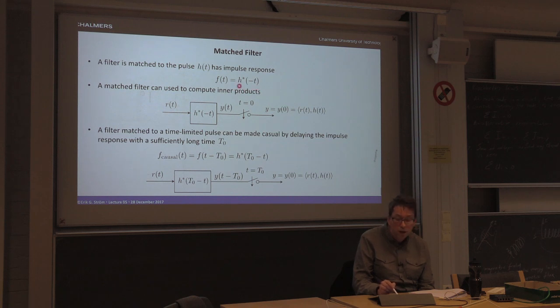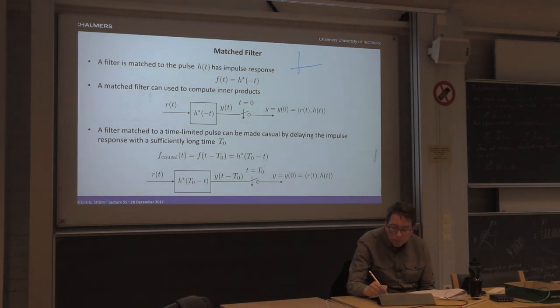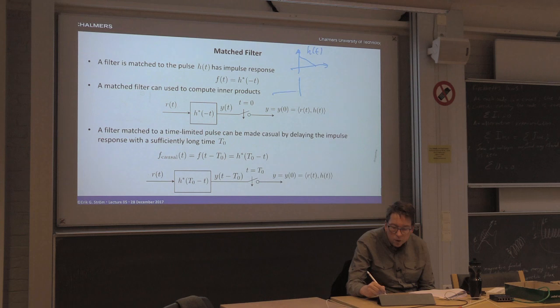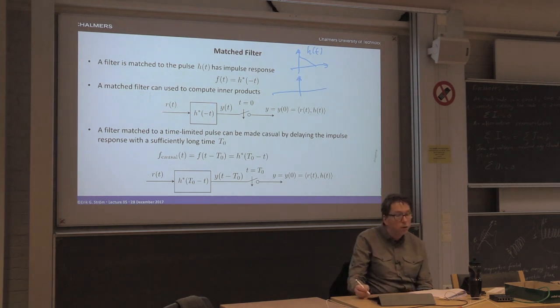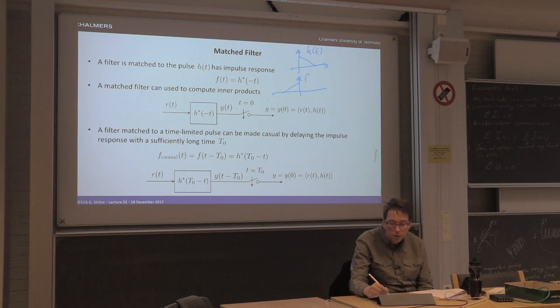So whatever pulse we have, h of t, then f of t should be a time reversed version of this. So if it looks like this for h, then f should look like this.